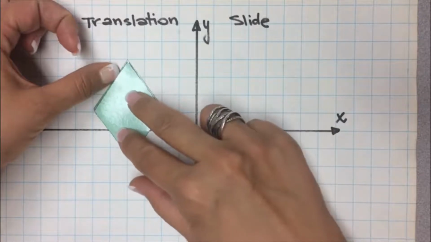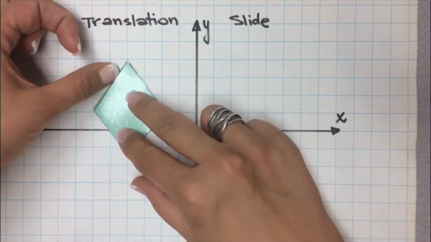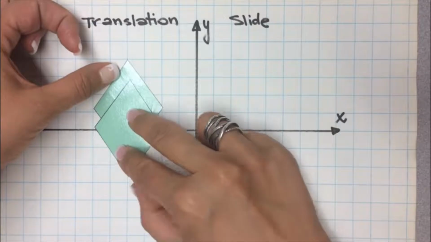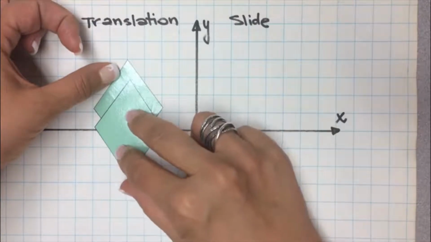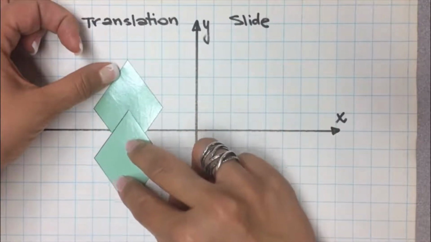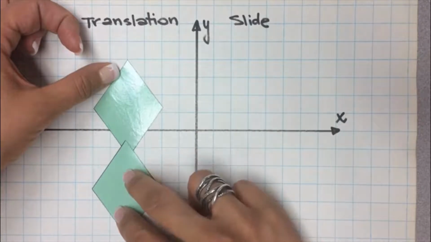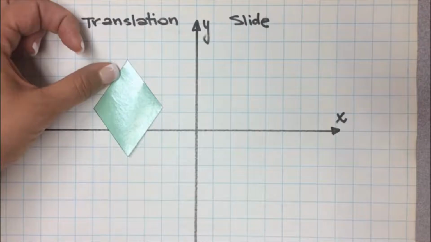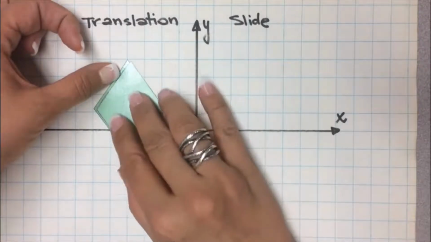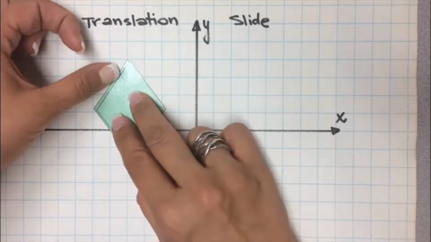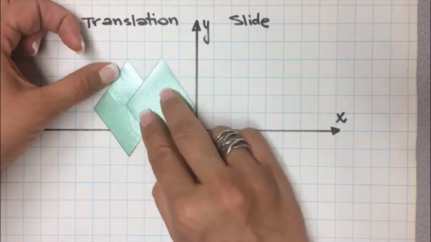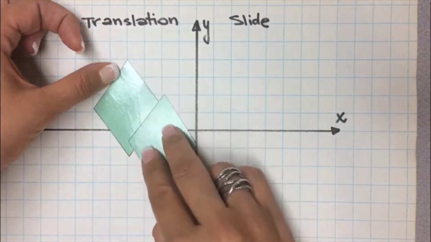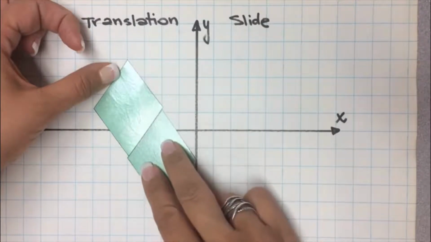Or the problem can say translate 7 units down, so you go 1, and then you can keep the vertex 2, 3, pointing straight down, 4, 5, 6, 7, and then you'll end up there. Or the problem may say translate 2 units to the right and then 3 units down. 1, 2, down, 1, 2, 3, and you will end up there.